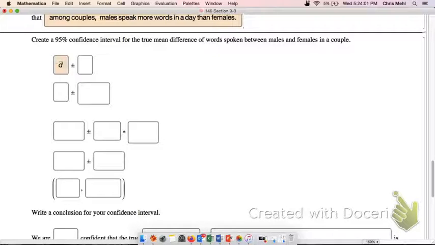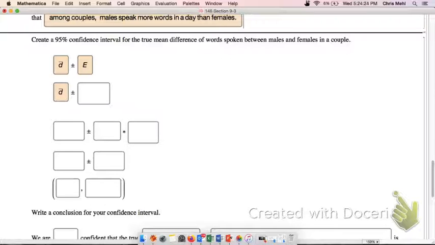You would start by estimating that with a sample mean of differences, the mean of differences among the matched pairs of sample data. That'd be an estimate for the mean difference in words spoken a day amongst all males and females in a couple. And of course, every estimate comes along with some error.